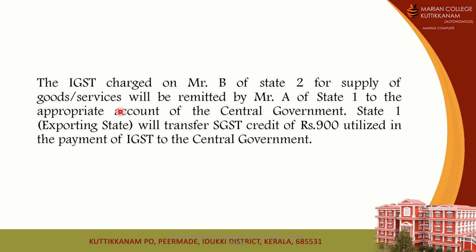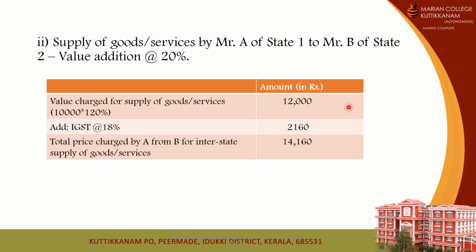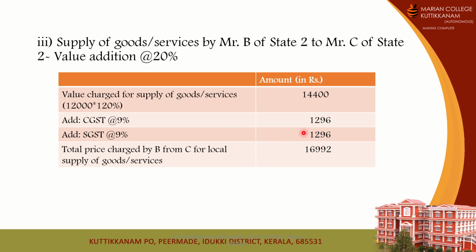Then here Mr. B paid an IGST amount of 2,160. That was the IGST amount. And here he paid 1,296 at 9% each for CGST and SGST respectively.